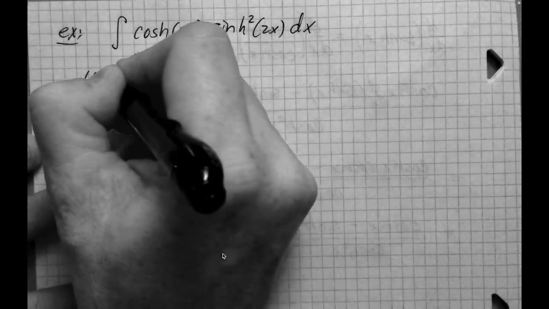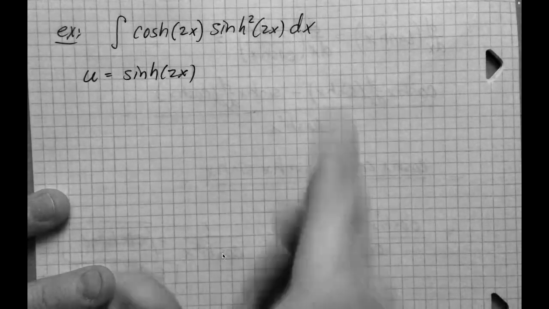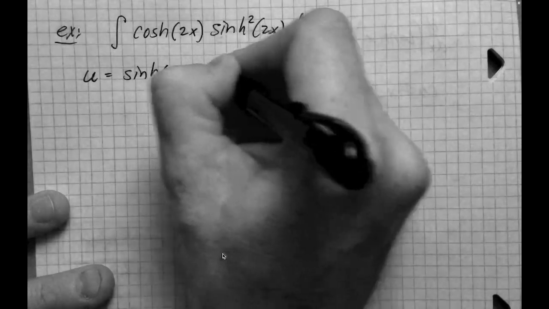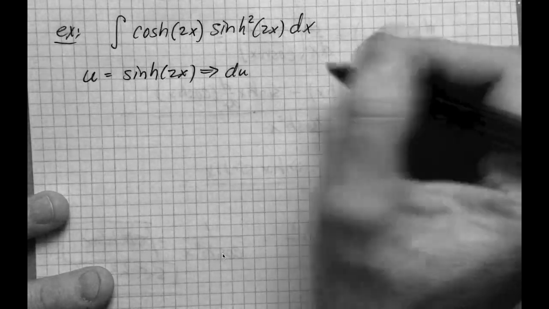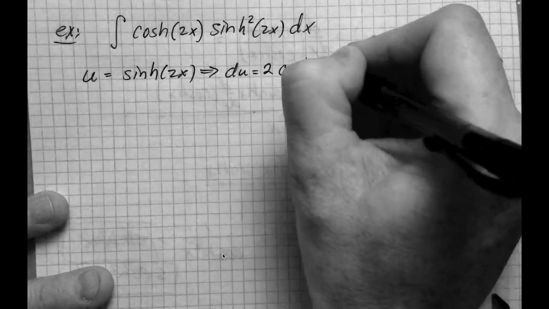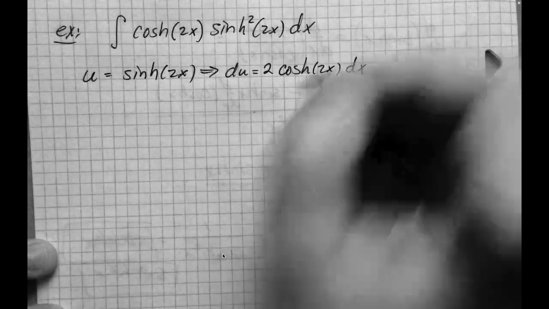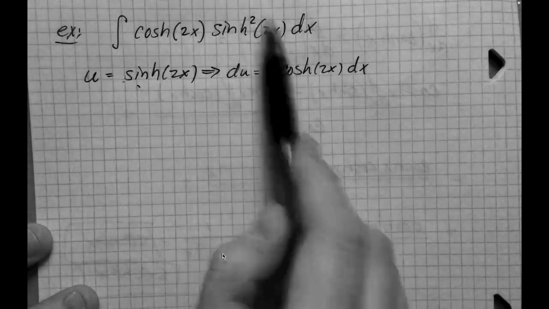So if we let u equal sinh of 2x, then du we know is 2 times cosh of 2x. Okay, and so you can see we have most of it. sinh of 2x gets us u squared.